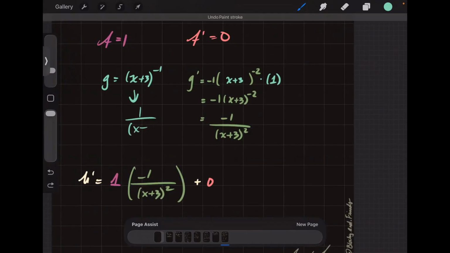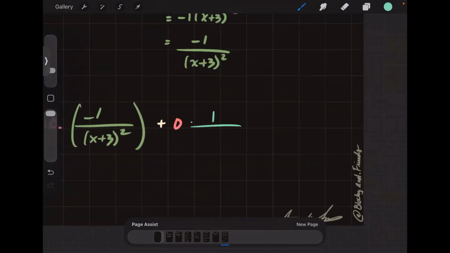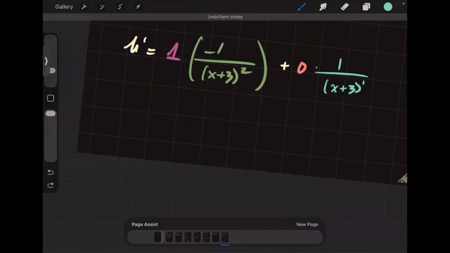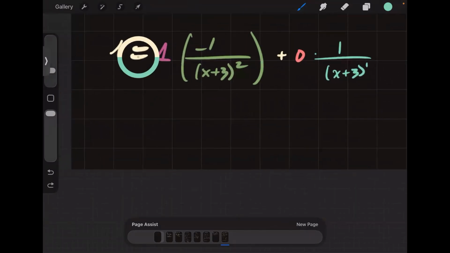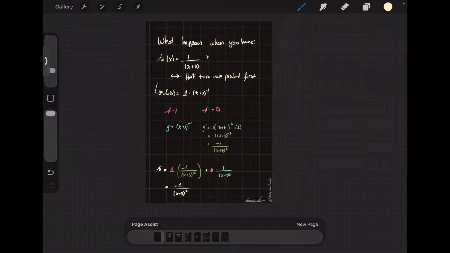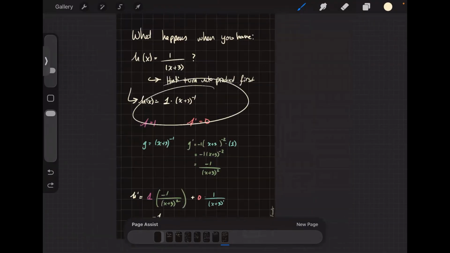I like leaving it like this because it's easier to handle. It's up to you. It doesn't really matter because this becomes 0, because 0 times anything is 0. And that is going to return negative 1 over x plus 3 squared. Cool. You can product rule on fractions because you turn it into a product and call it a day. Okay.